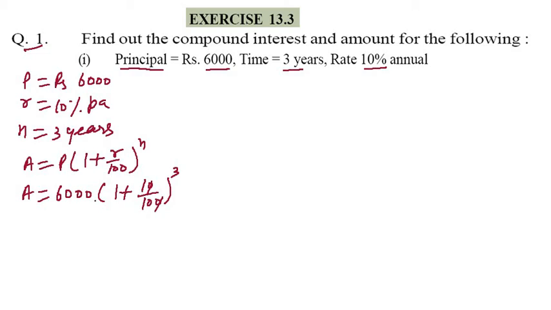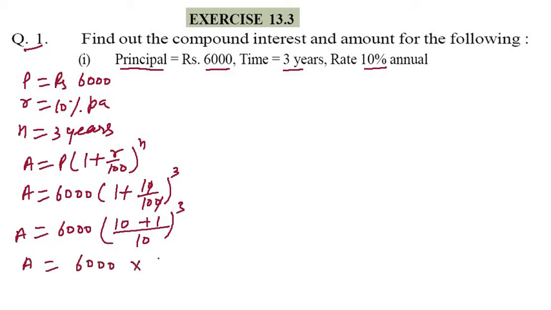So the 0 will be cancelled out and we get 6,000, taking their LCM, that is 10. So we can say 10 plus 1 and whole power is 3. So that will be equal to A, 6,000 into 11 upon 10, and the power is 3.